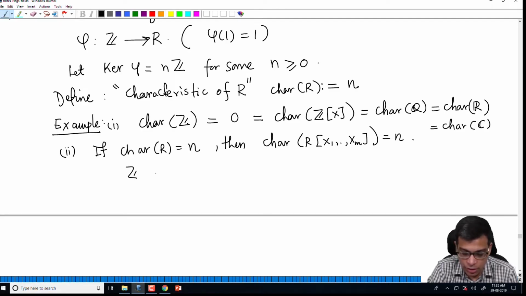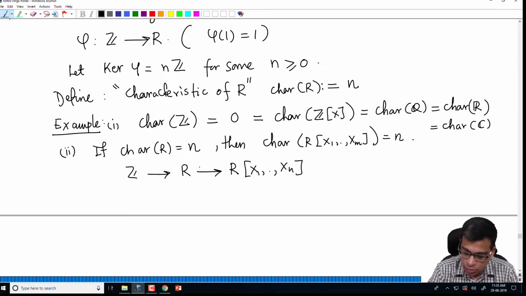Because the inclusion of R in the polynomial ring is injective.